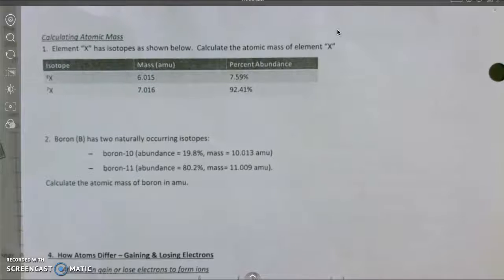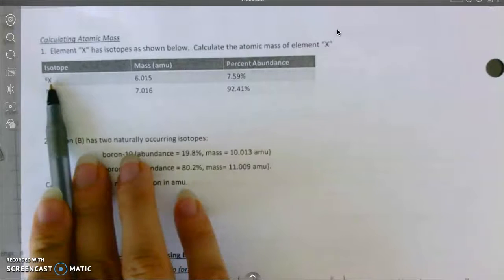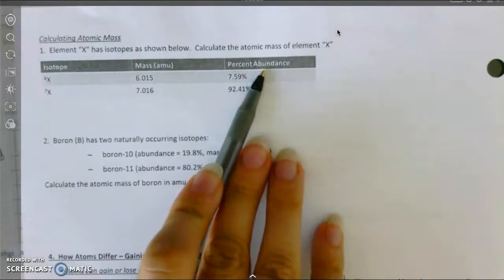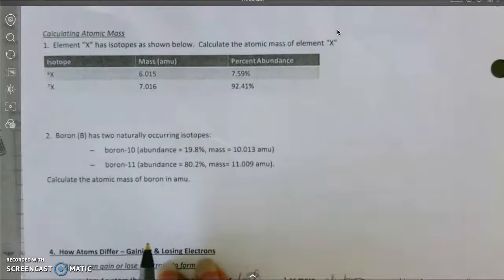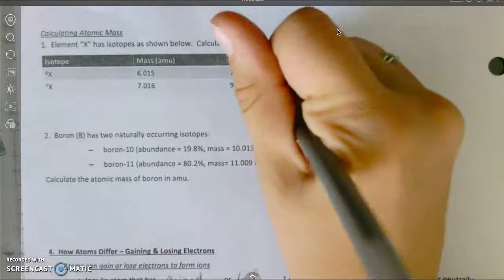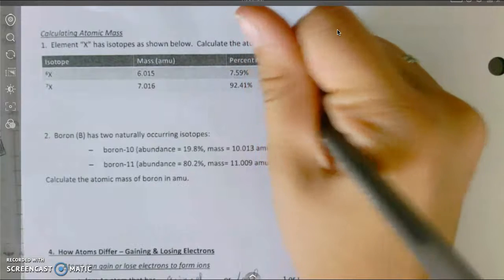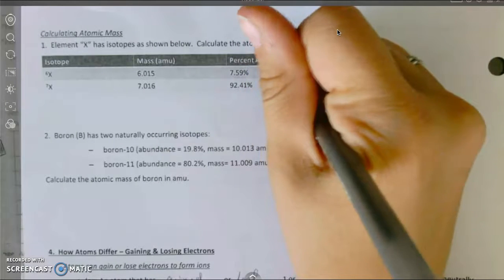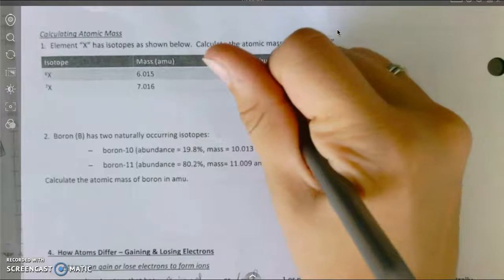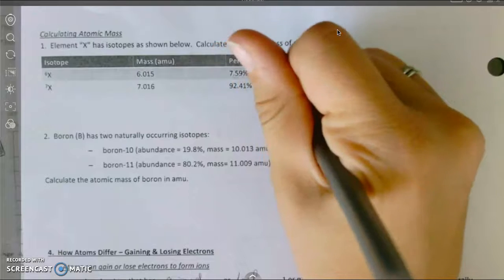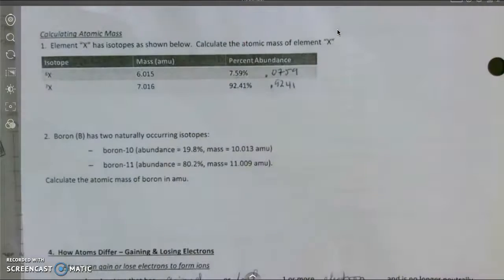Okay, let's try this one more time together, and then I'm going to have you do one on your own. So we have element X, and we want to calculate the atomic mass, or that weighted average. Remember these are percentages. If we divide by 100, we'd have 0.0759, and then 0.9241.